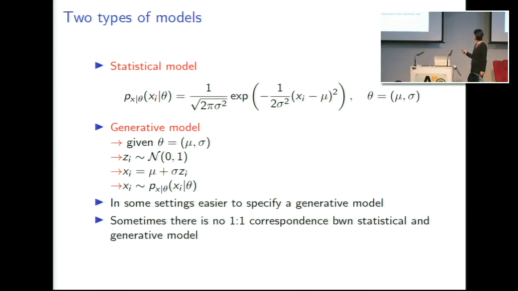So in particular, the Gaussian model can also be seen as a generative model. If I give you values for the mean and the standard deviation and a source of randomness, then you can generate some pseudo data that has the desired model distribution. So in this case, there is a one-to-one correspondence between a statistical model and a generative model.